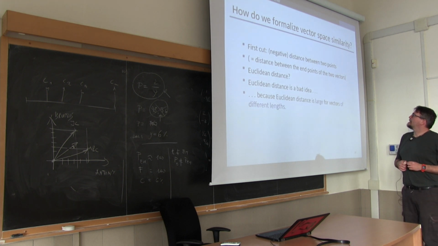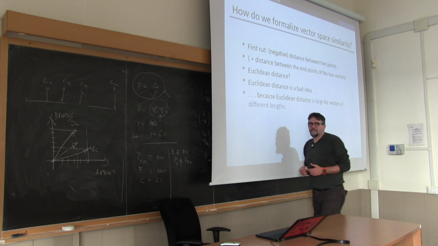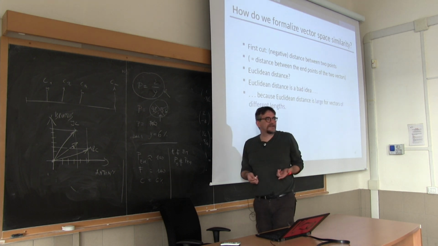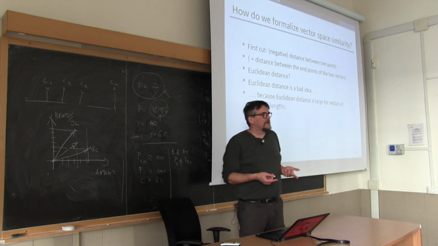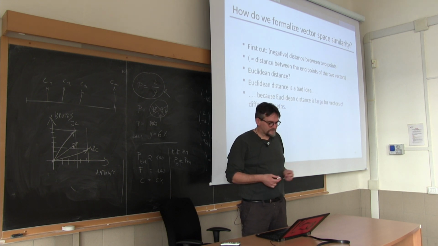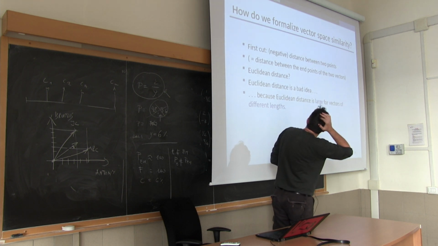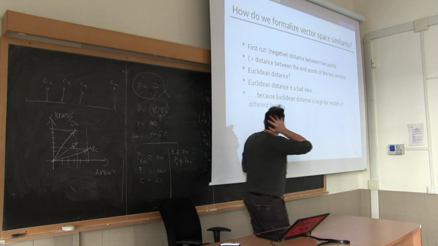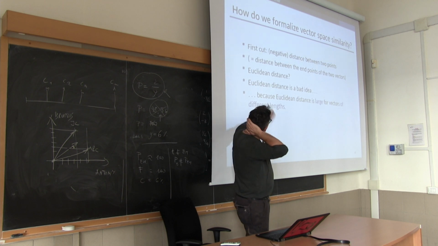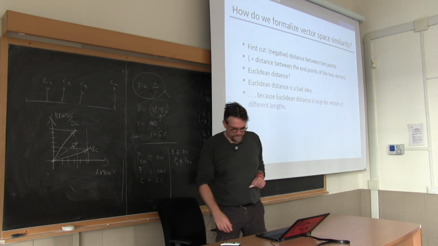Okay, the first, maybe the most straightforward solution that comes to our mind is the Euclidean distance. Euclidean distance is not a good idea. Now, let's go back to this picture.